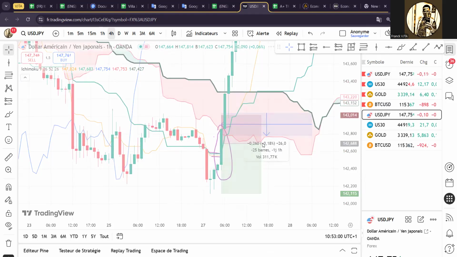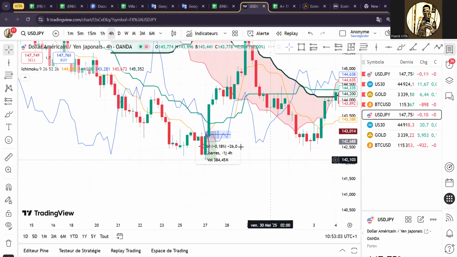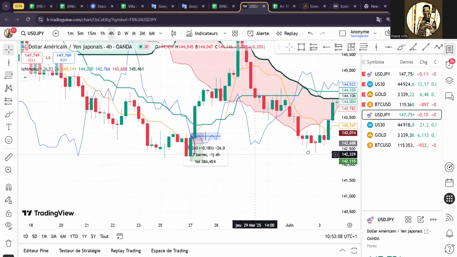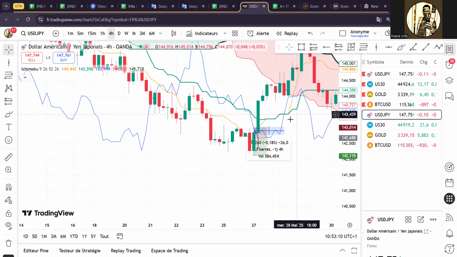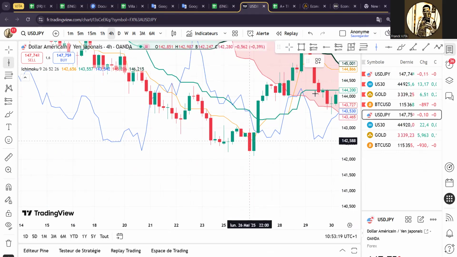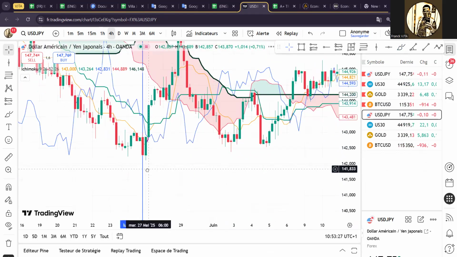And what confirmed this uptrend reversal? It is the fact that at that candle, we were here in 4 hour making this uptrend move, which was not very easy to look at.